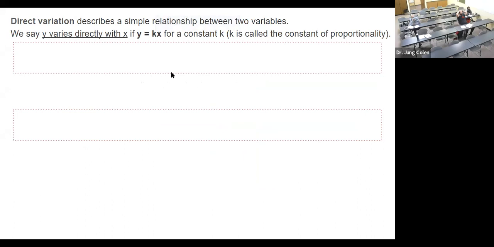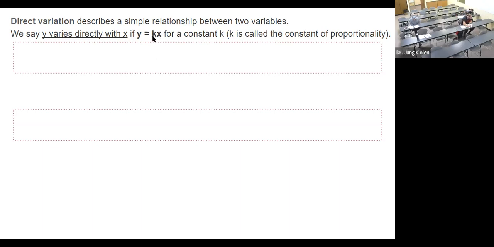Direct variation describes a simple relationship between two variables. For ours, it was between wrist and thumb, neck and thumb, waist and thumb. Between two variables, we have a direct relationship. So we can say that y varies directly with x if there is this kind of relationship: y is equal to kx.